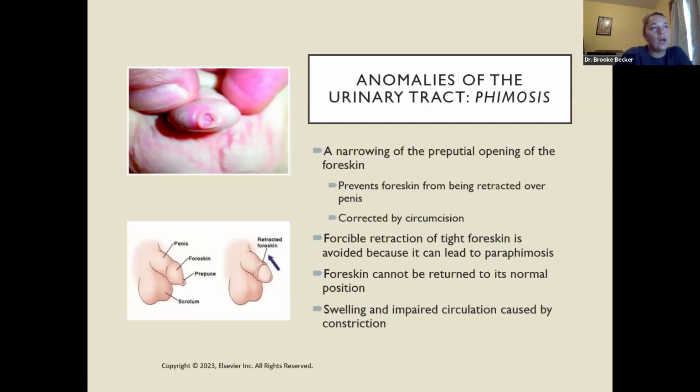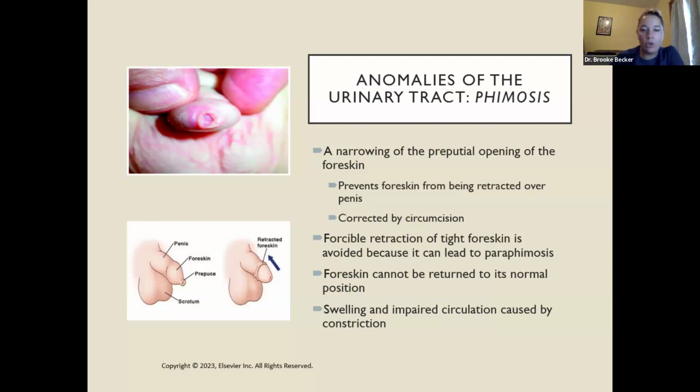Okay, so phimosis. That is when the foreskin comes over the prepuce. So instead of being retracted, it becomes really tight and narrow, and you can't retract the foreskin back over the penis. The way that they fix this, they actually have to go in and circumcise these kids.